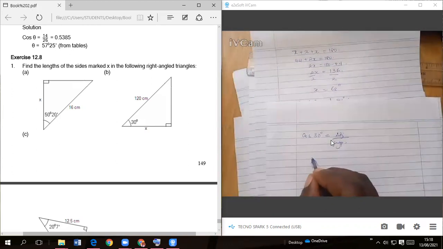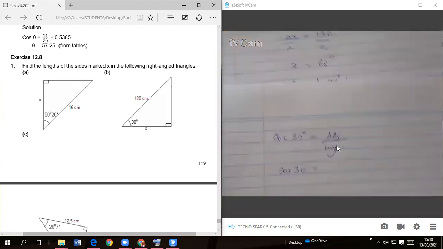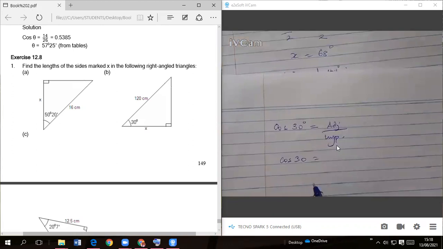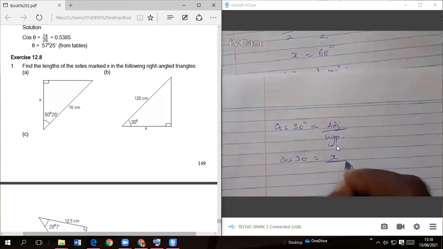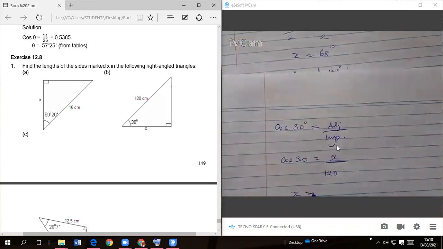The adjacent in that case is going to be X, and the hypotenuse is 120. So X will be equal to 120 cos 30.